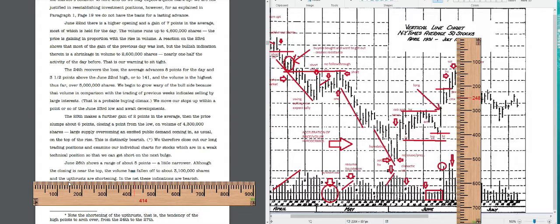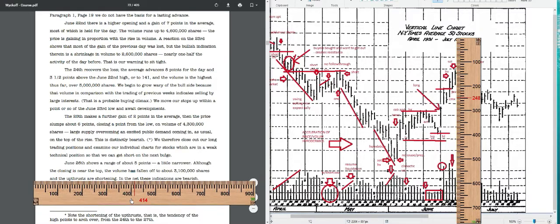This bar's high versus the prior high is shorter than for the other bars. So you see this bar here, high to high is less than this bar here compared to this bar. There's more movement, more distance, and now it's shortening.